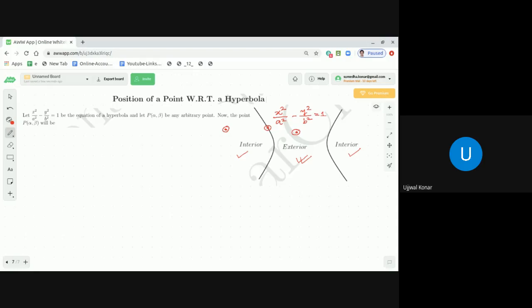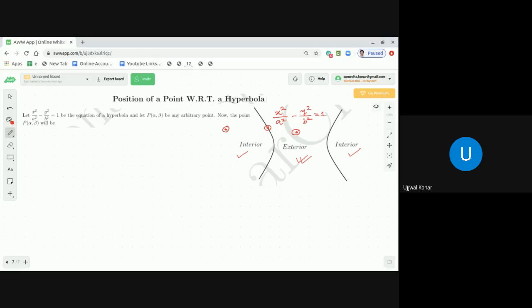Now, dear students, if the exact geometric description of that hyperbola and the position of the point is given, then you need not do any further study to conclude whether the point is inside the hyperbola, on the hyperbola, or outside the hyperbola.